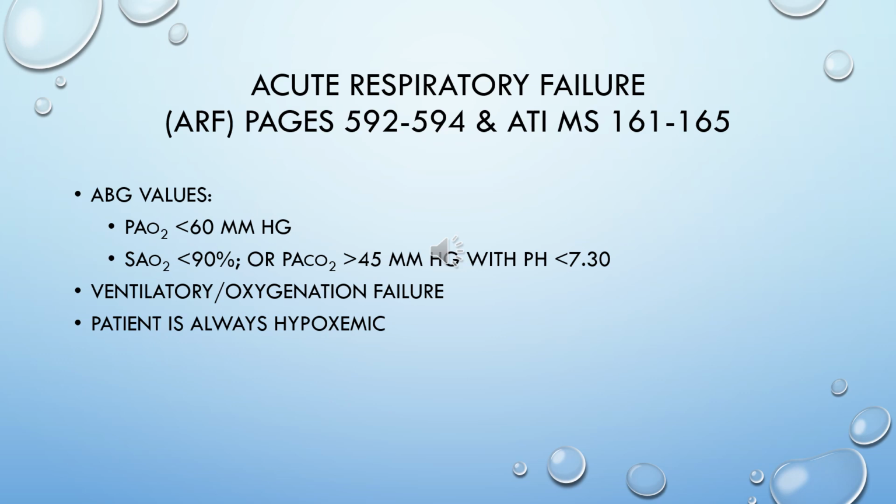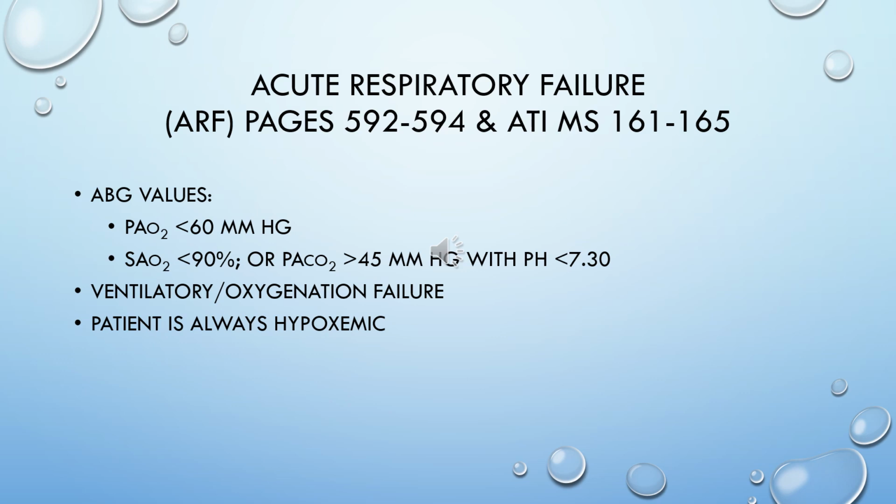But regardless, it's typically classified by abnormal blood gas values, and the critical values to qualify somebody to be in acute respiratory failure would be a PaO2 of less than 60 millimeters of mercury, and SaO2 below 90%, or they could have a PaCO2 greater than 50 and a pH less than 7.3.